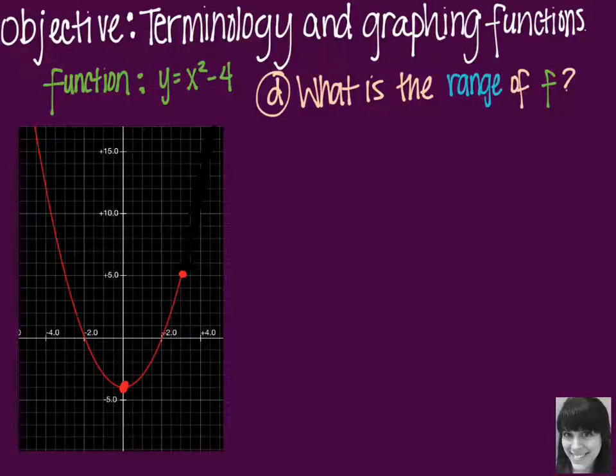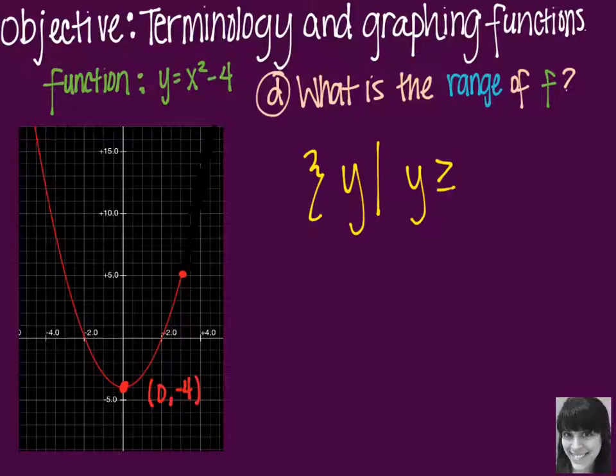So what is the y value? The y value is negative 4, and the x value, of course, is 0. So the range is going to be y when y is greater than or equal to negative 4. And that is our range of f.